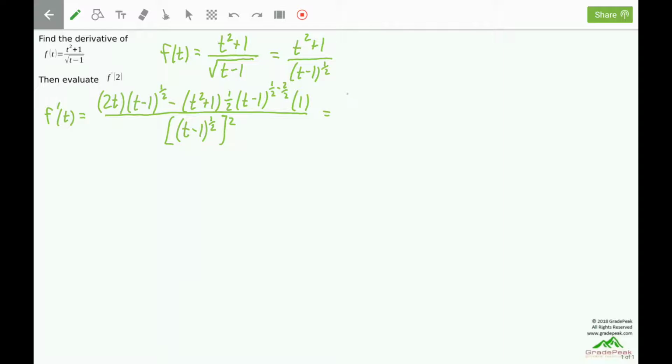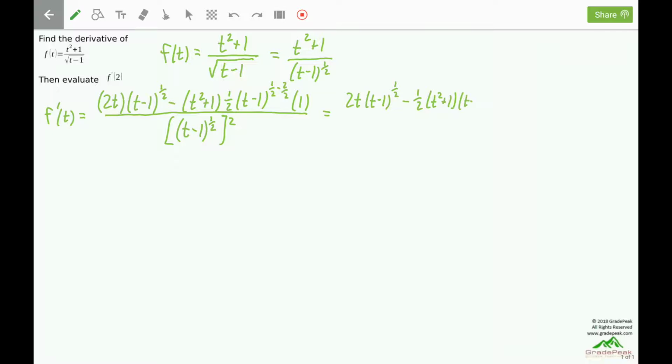So in the numerator we have a 2t times a t minus 1 to the 1/2 minus everything's multiplied. That 1 doesn't change anything that's at the end. We have a 1/2 here. I'm going to put it to the front. This 1, as I mentioned, doesn't change anything. So we just have a 1/2. We have a t squared plus 1.